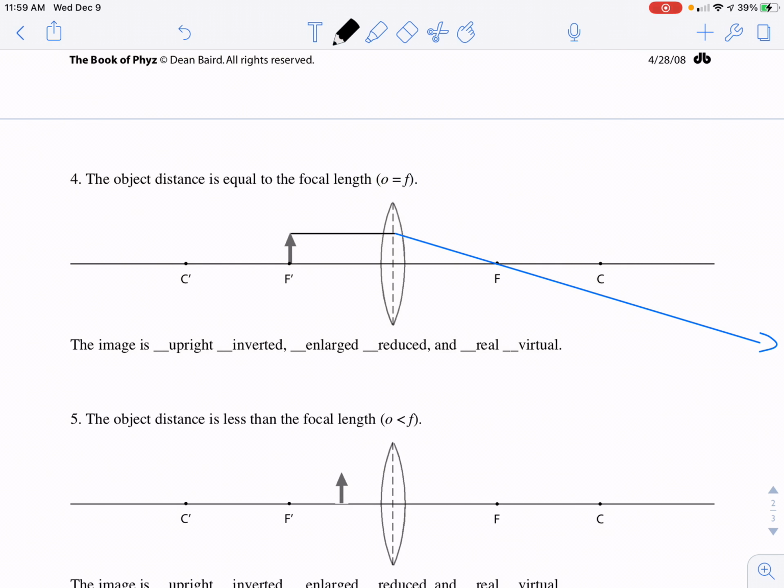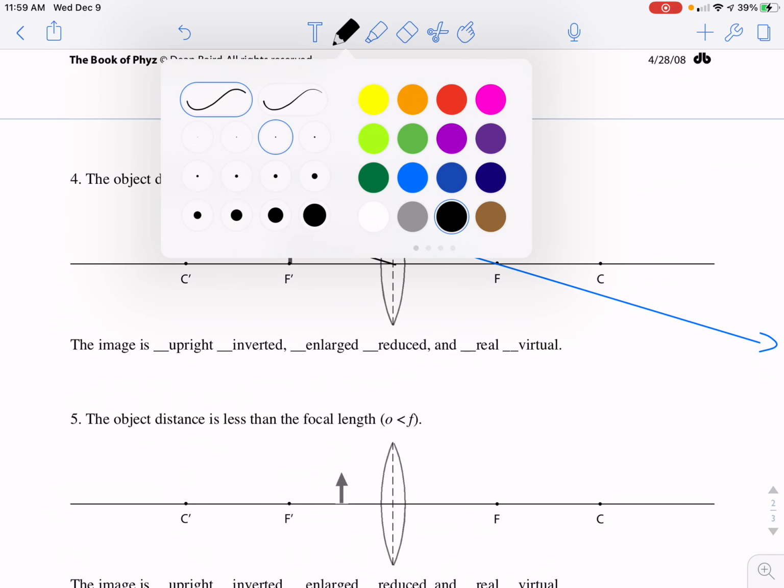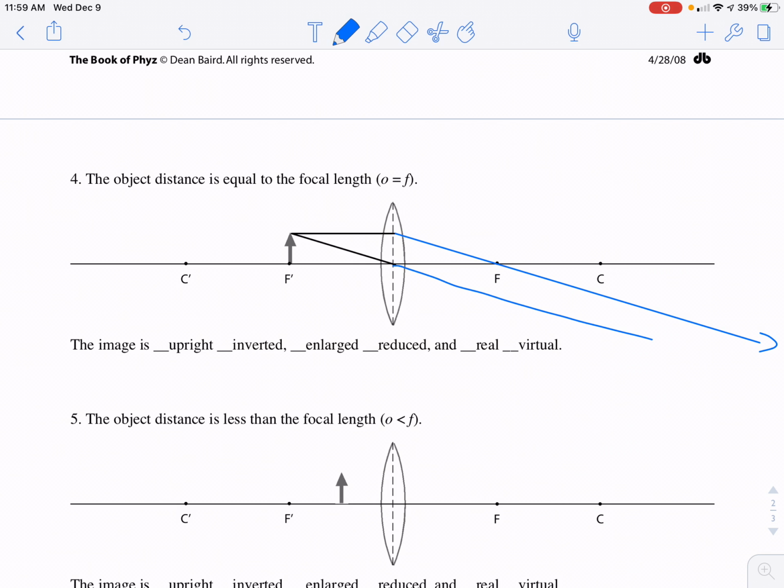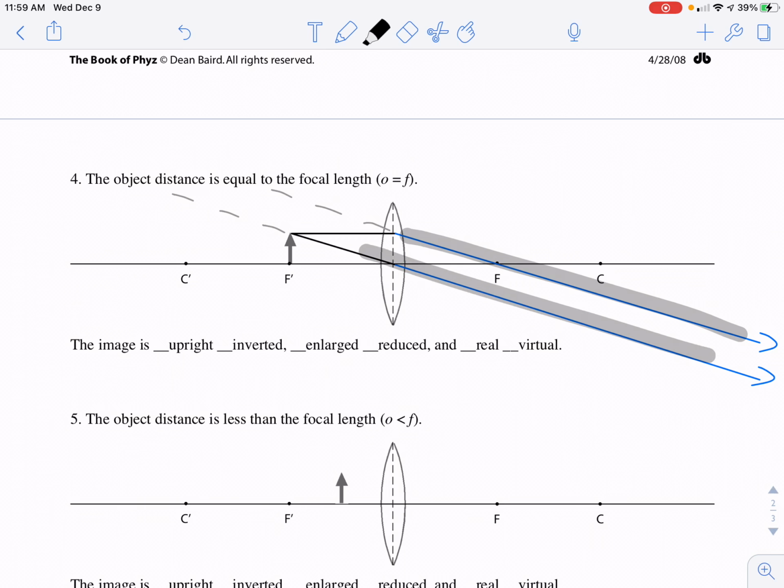Then we're going to go to ray 3, which goes right through the center of the lens, unrefracted, meaning we just keep going. And I'll draw my back rays for both. You should notice, ladies and gentlemen, that we end up with a parallel set of refracting rays and back rays.